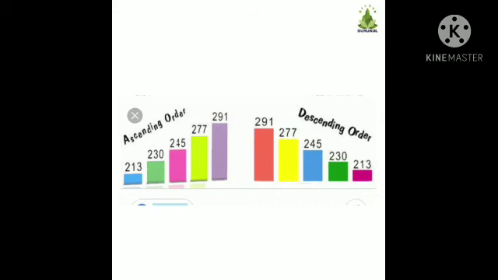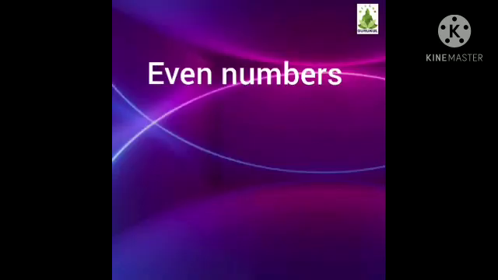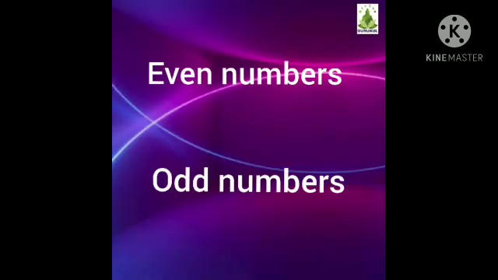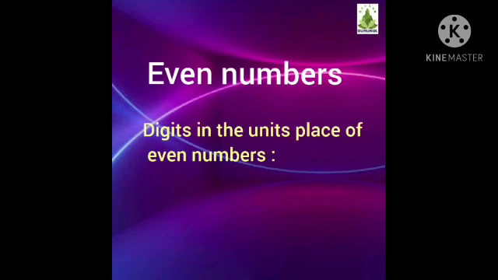Let us understand even and odd numbers. Here I will show you how to identify whether a number is even or odd. By observing the unit place digit of a number, you can easily recognize the even number. Remember, even number has 0, 2, 4, 6 or 8 at the unit place.